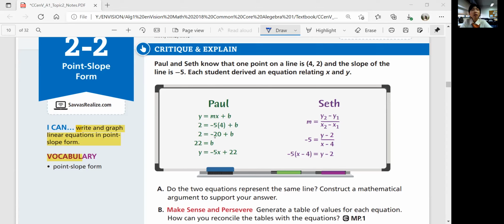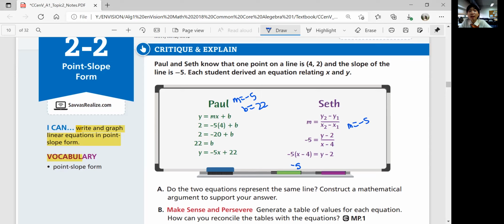Paul has a slope of -5 and a y-intercept of 22. And Seth also has a slope of -5, right? You don't know the y-intercept, but you could solve for it, where the y-intercept is when x is equal to 0.